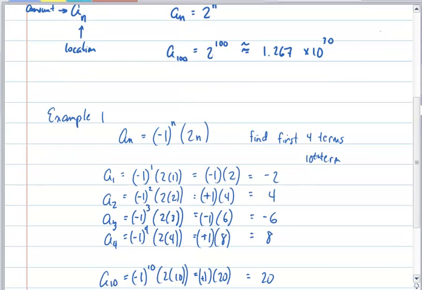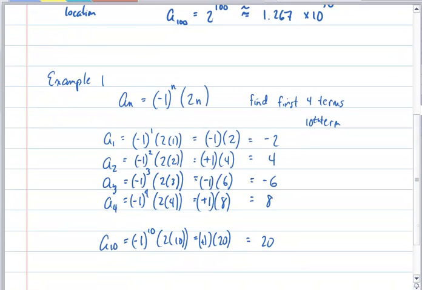So I completed the task at hand here, and as you can see, our sequence values change from -2 to +4 to -6 to +8. So hopefully you recognize that there's a pattern going on where every odd sequence term is negative and every even sequence term is positive, and you follow the idea of finding the sequence value at specified n values.